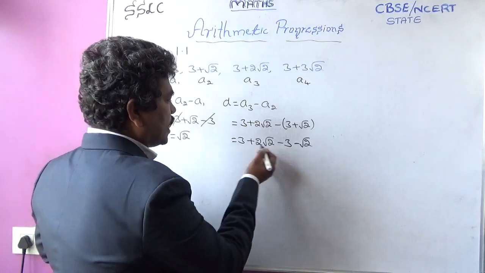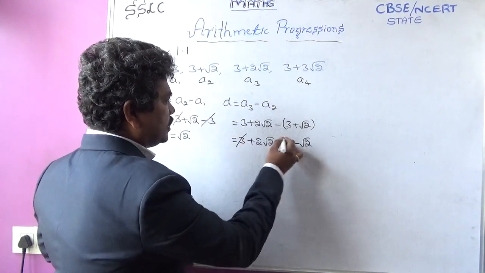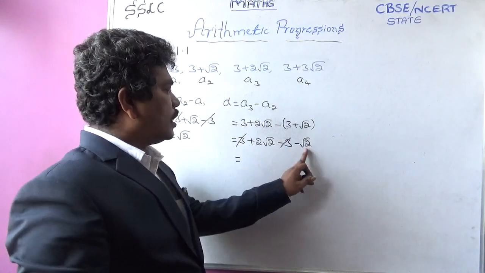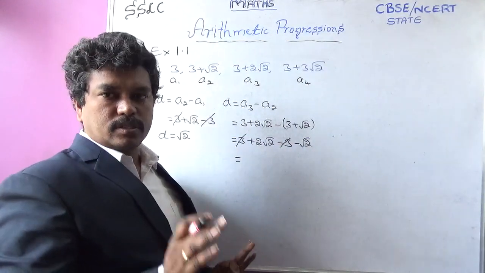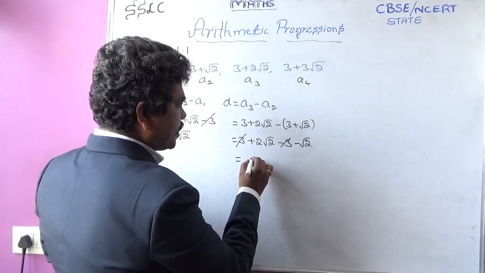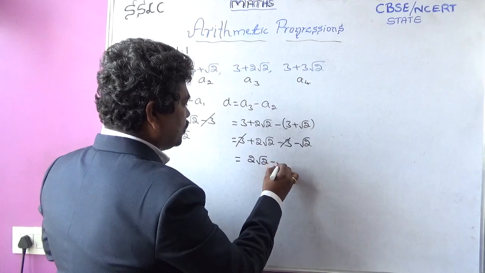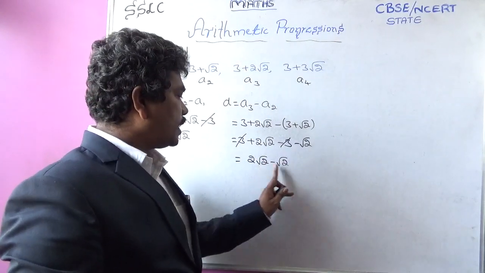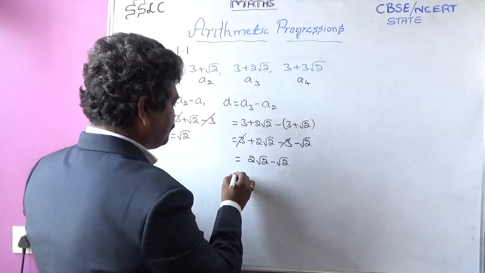Here these two are the rational numbers, plus 3 and minus 3, both get cancelled, that becomes 0. These two are the irrational numbers, we have to subtract them. So how can you subtract them? I will show you the way: 2 root 2 minus root 2. You have to take root 2 as the common term.